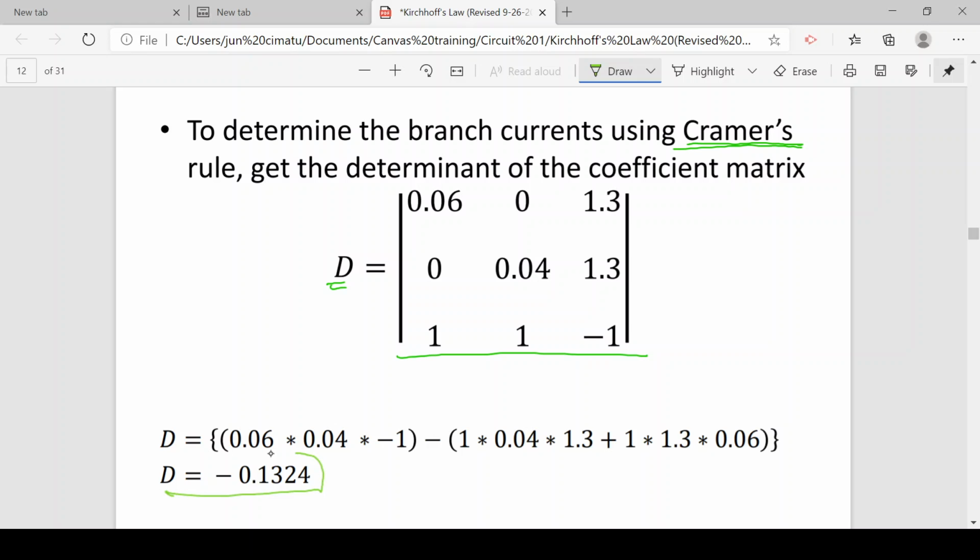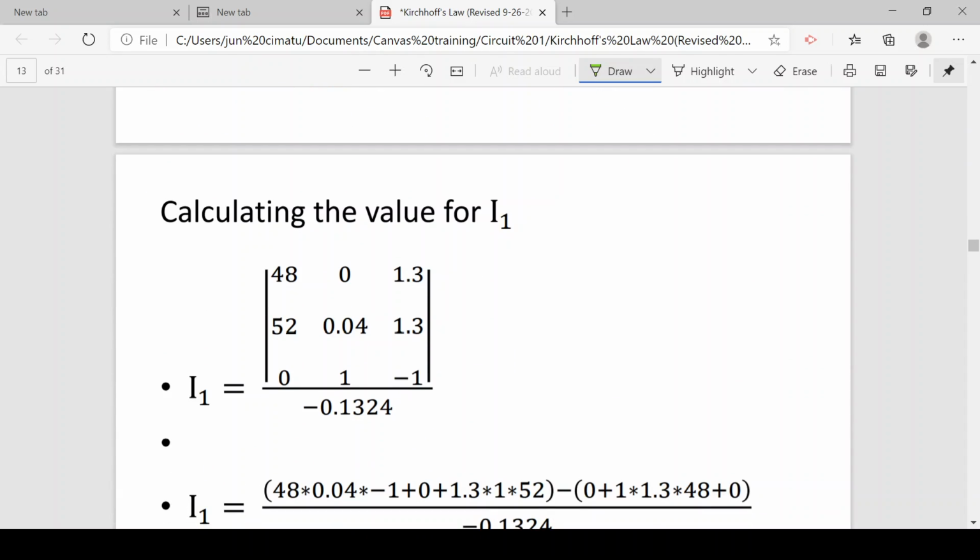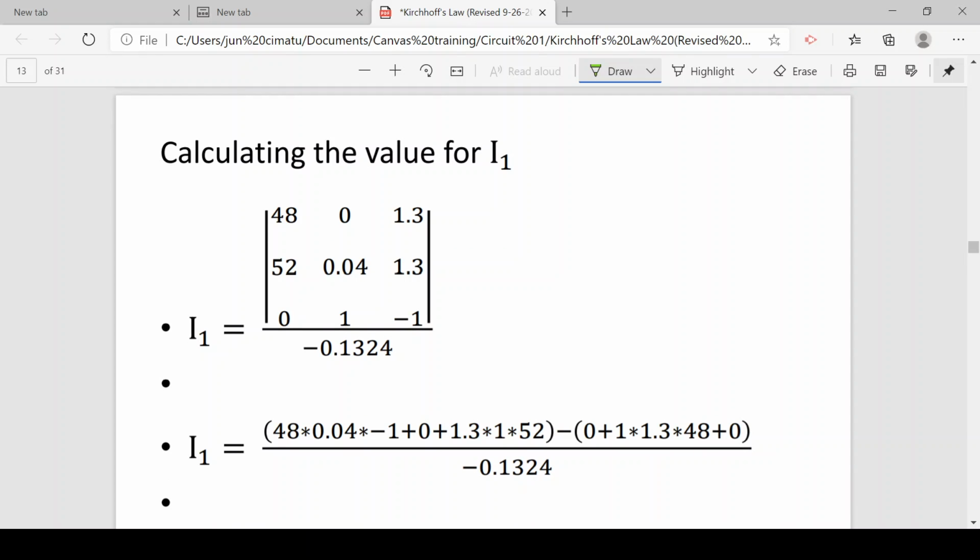So this is the determinant D. And then determine for the unknown I sub 1, get the determinant of the coefficients of this matrix with the first column replaced with the matrix of the constants or the matrix of the sources.